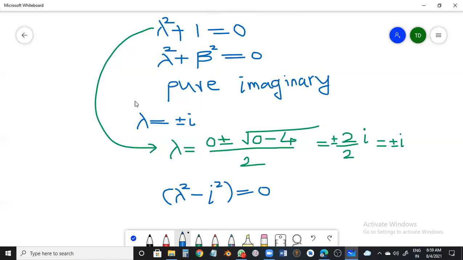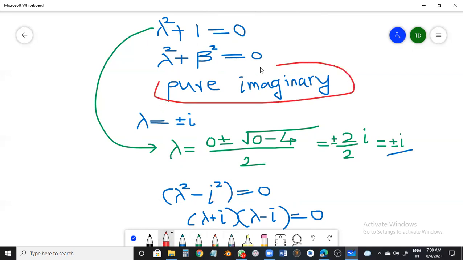So for plus 1, you can write minus i square. This will give you the factorization as lambda plus i multiplied by lambda minus i, equal to 0. So you got two values of lambda, either plus i or minus i. So your answer is pure imaginary eigenvalues.